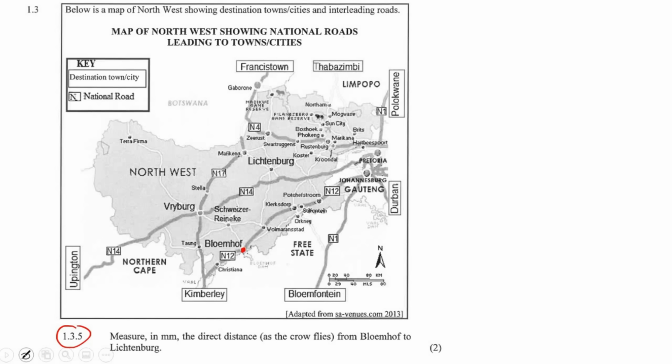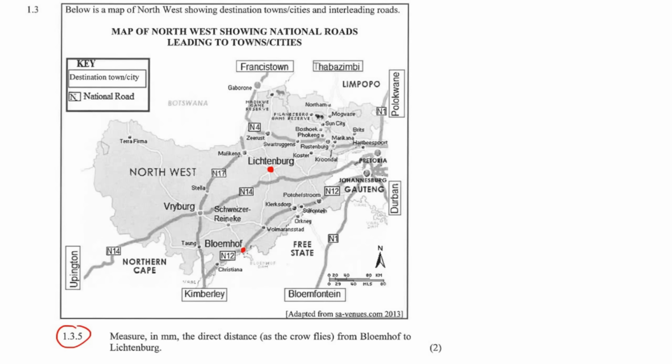And then we're going to Lichtenburg. Okay, so Lichtenburg is over here. Now, obviously I've put this map on my computer screen and I've probably made it bigger or smaller. But when you're sitting in a test or an exam, luckily you'll have it in front of you, so you're going to measure it with your ruler, right?